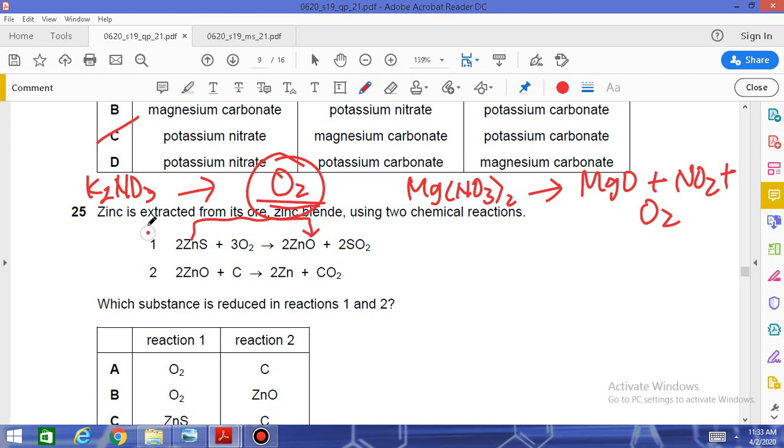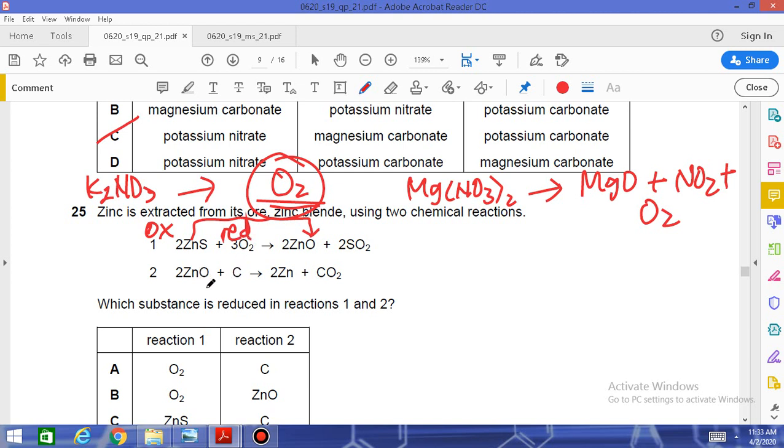So zinc sulfide is oxidized while oxygen is reduced. Why? Because in this case, oxygen gives oxygen atom to zinc sulfide. So now zinc oxide is produced. So oxygen itself is reduced.